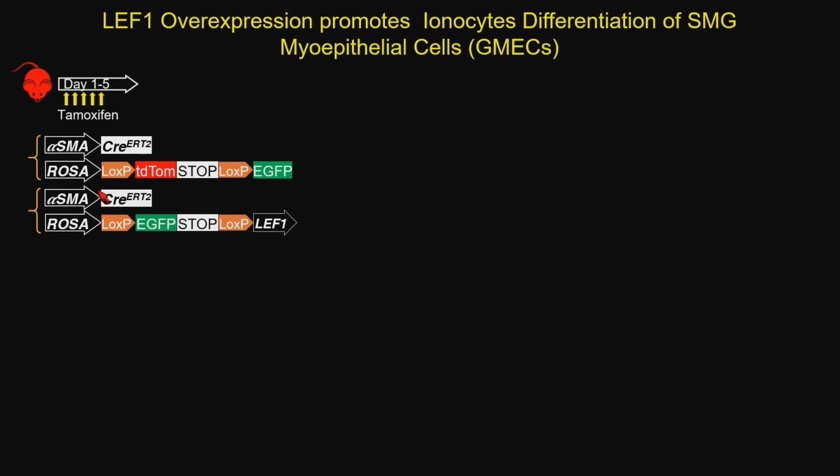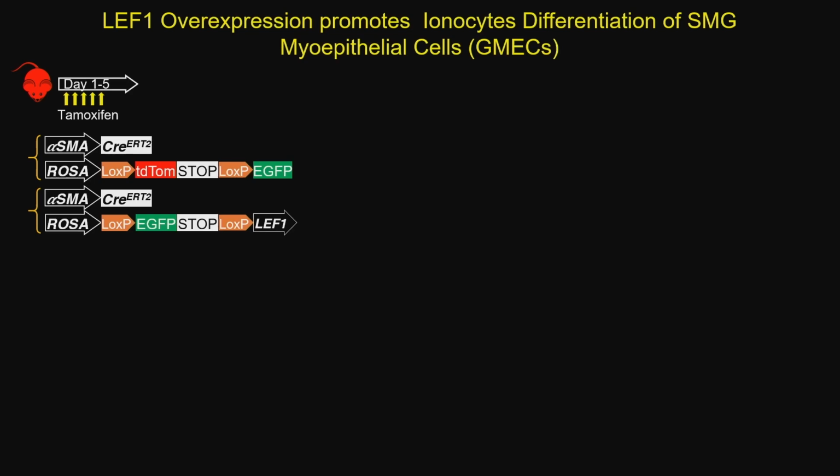So we mated these mice with either ROSA26 tomato GFP, where with CRE recombination it will excise tomato and the stop codon and express GFP, or we mated them with a conditional knock-in mouse model. In this conditional knock-in mouse model, CRE recombination will excise the EGFP and stop codon and allow for LEF1 overexpression.